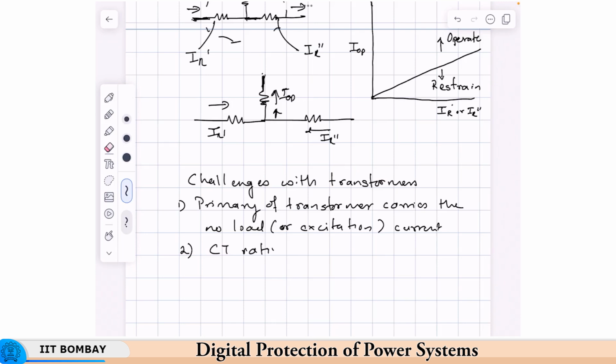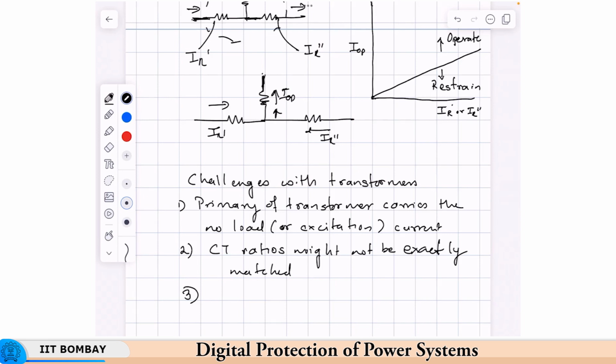CT ratios might not be exactly matched. And the third of course is another problem which is unique to transformers: there could be taps.